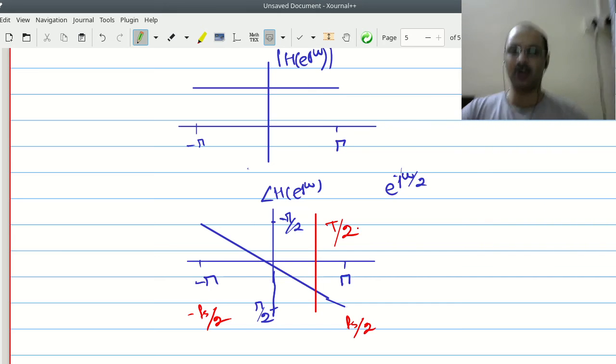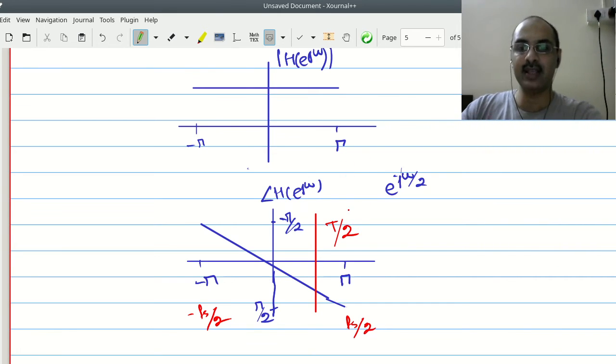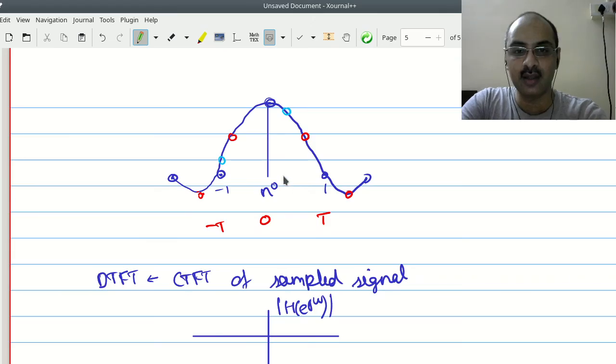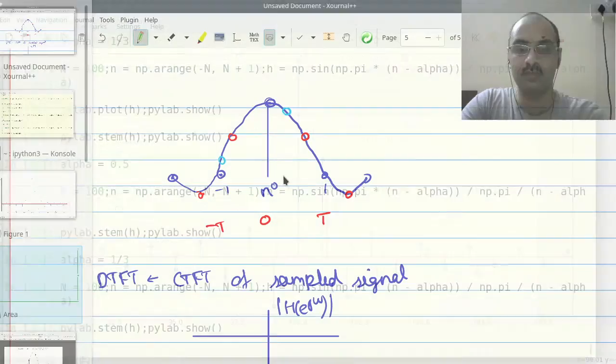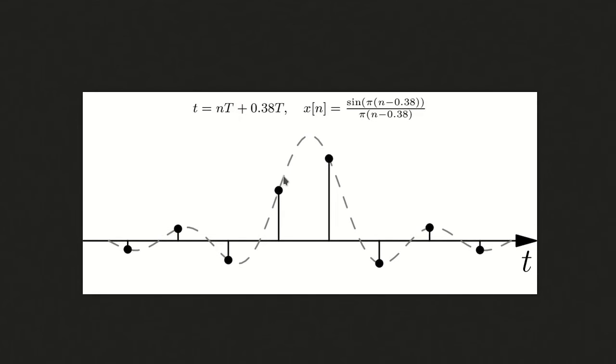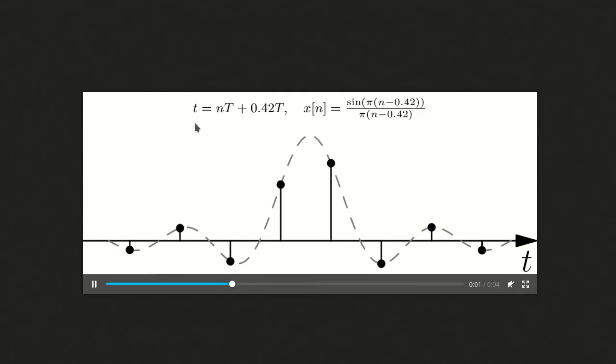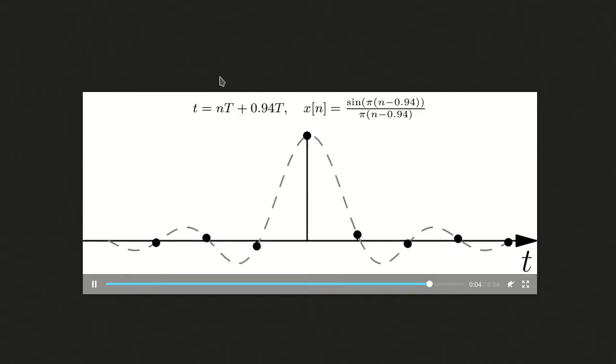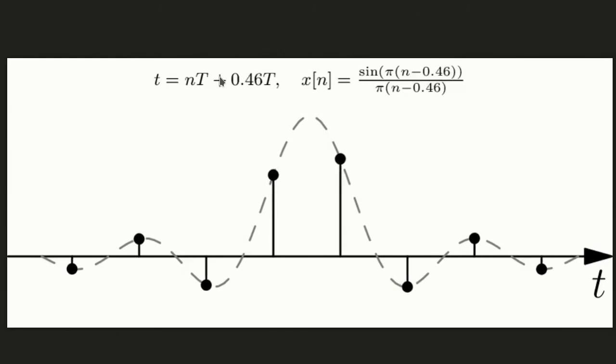But this is a little more complicated. The better way is, again, if you see this picture, I've drawn a picture for you. This picture makes it adequately clear because I'm essentially plotting a sinc along with the sampling location.